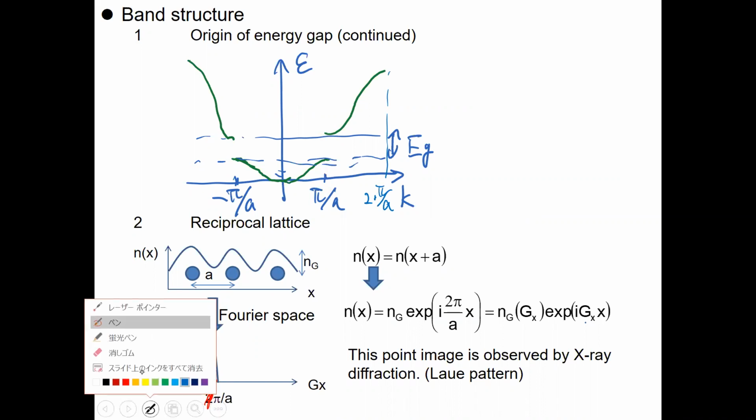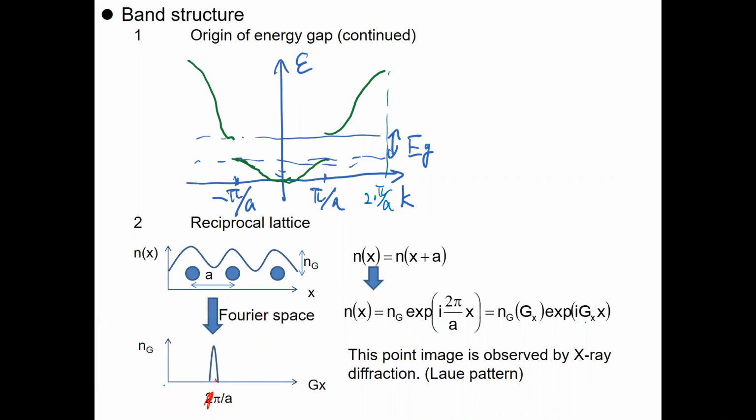So in this region, it is possible for an electron to stay in the state. This is the first Brillouin zone, and then this is called the second Brillouin zone.